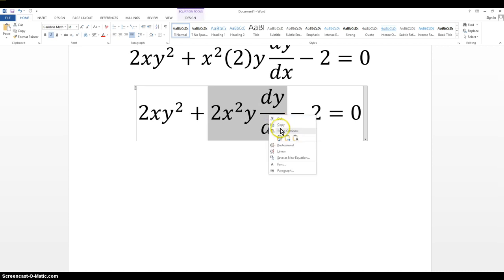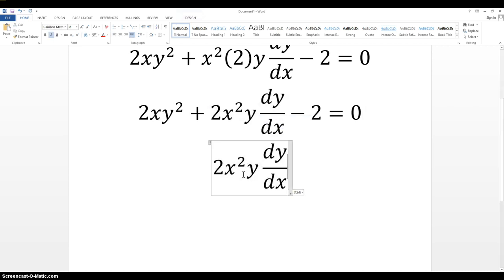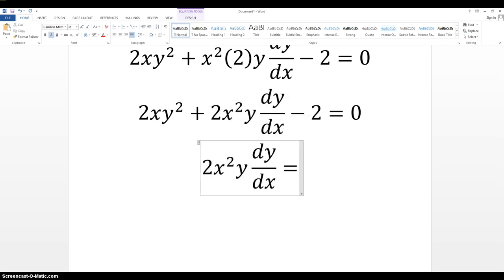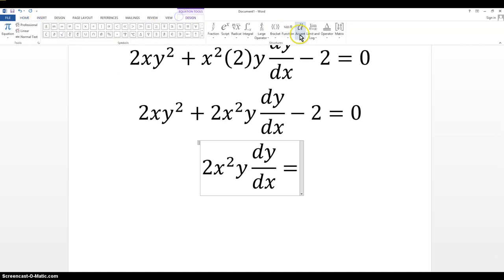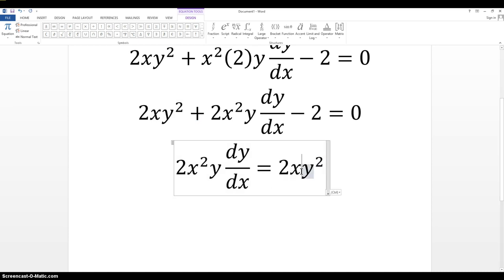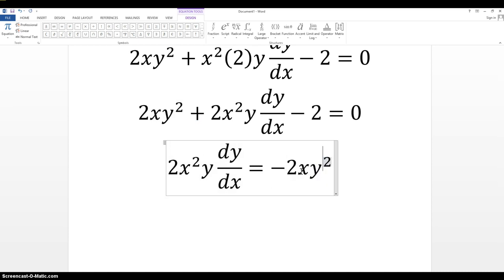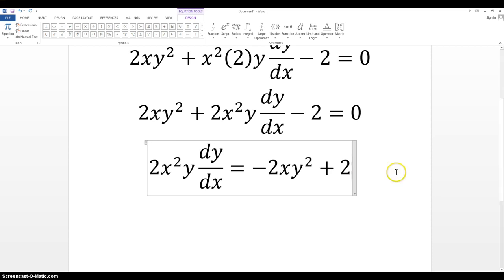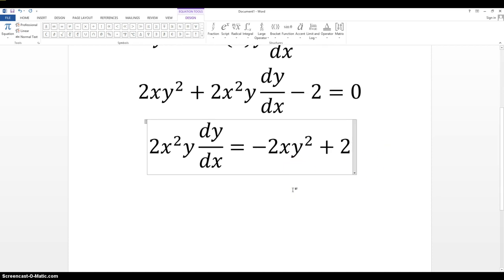They change, correct. So when we move everything, we get 2x squared y dy/dx equals negative 2xy squared plus 2, correct?